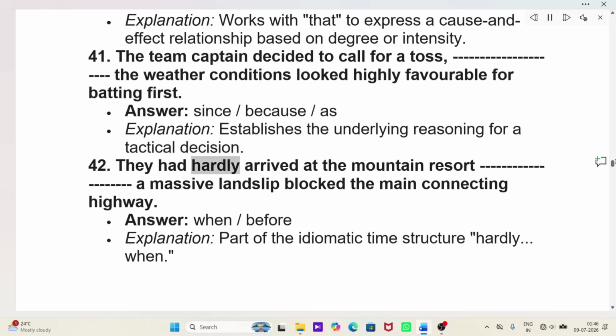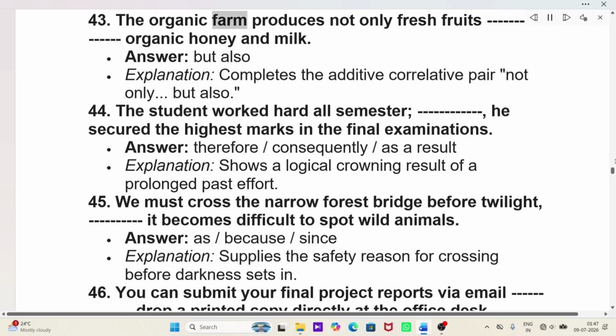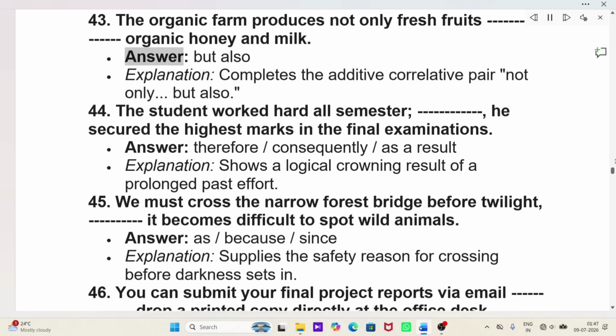42. They had hardly arrived at the mountain resort ____ a massive landslip blocked the main connecting highway. Answer: when / before. Explanation: part of the idiomatic time structure hardly, when. 43. The organic farm produces not only fresh fruits ____ organic honey and milk. Answer: but also.